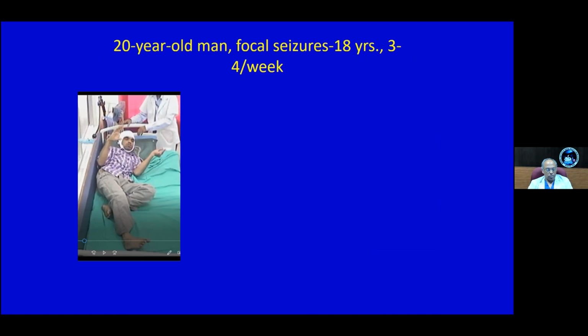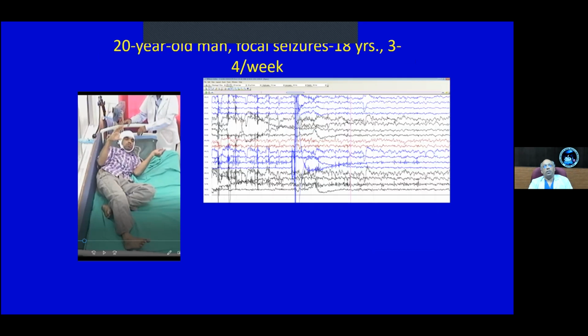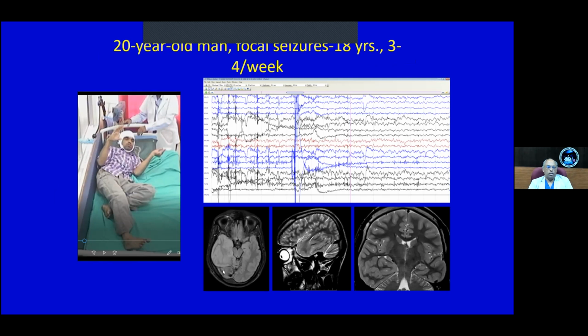This young man presented with seizures of temporal lobe origin. You can see there's a dystonic posturing of the left upper limb, suggesting seizures of right mesial temporal lesion, and then he has got ictal onset in the right temporal lesion, and there is a large developmental lesion in the right temporal area with very well demarcation.